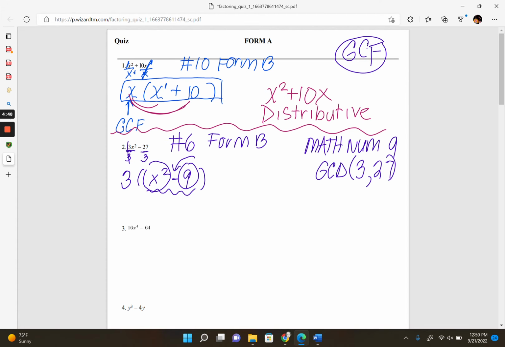Don't forget to bring down the greatest common factor. He comes along for the ride, but now we double bubble: x and x, minus 3, plus 3. If you did plus 3 minus 3, you're okay as well.